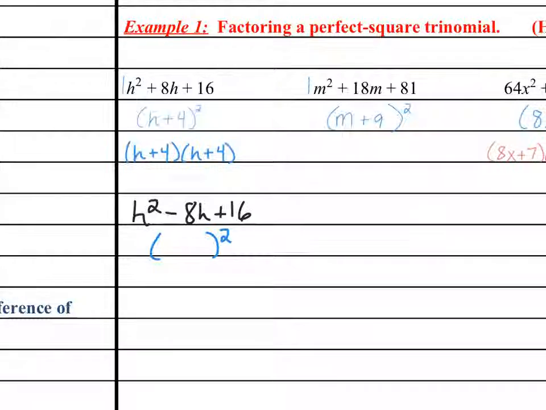So it's a binomial squared. It'll still be h and 4, but what's going to be different? Negative sign. So h minus 4 squared, because two numbers that multiply to positive 16 and add to negative 8 are negative 4 and negative 4.